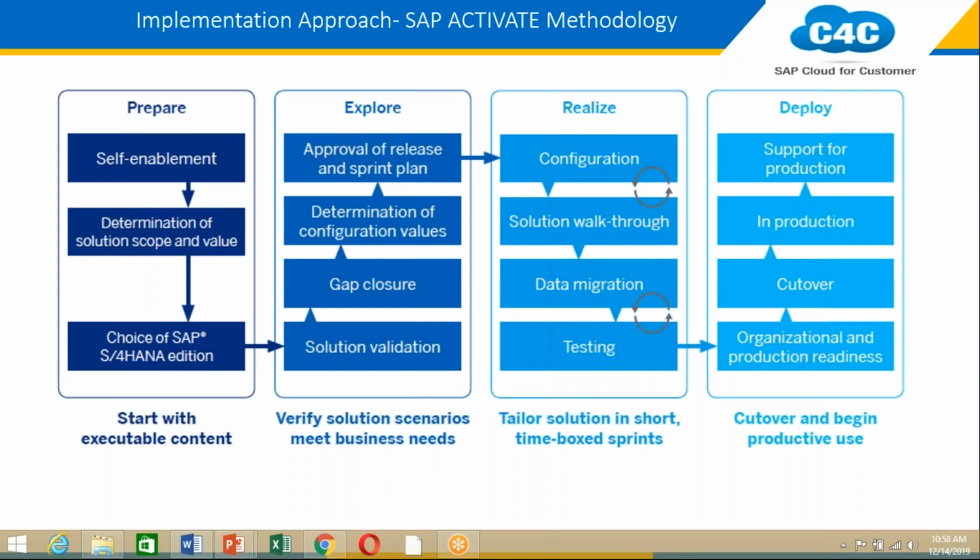So why did the sprint and the activate methodology come into existence? Everybody knows during an implementation, whenever we create a blueprint and we do an implementation, normally during a UAT phase, client comes with a lot of solutions. Initially, what happened? Client is not aware of a system. They don't know the capability of a system.